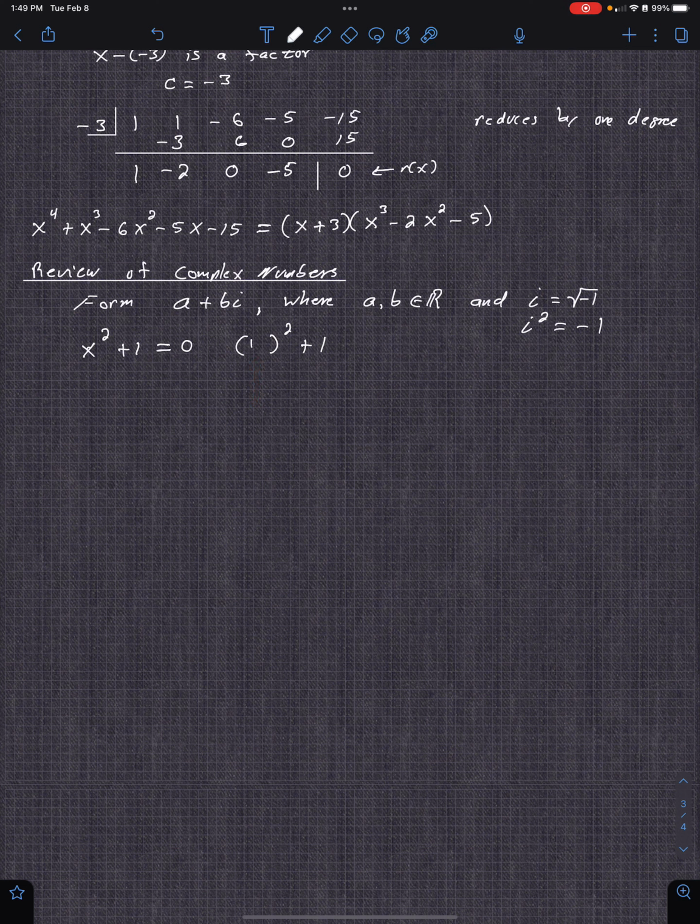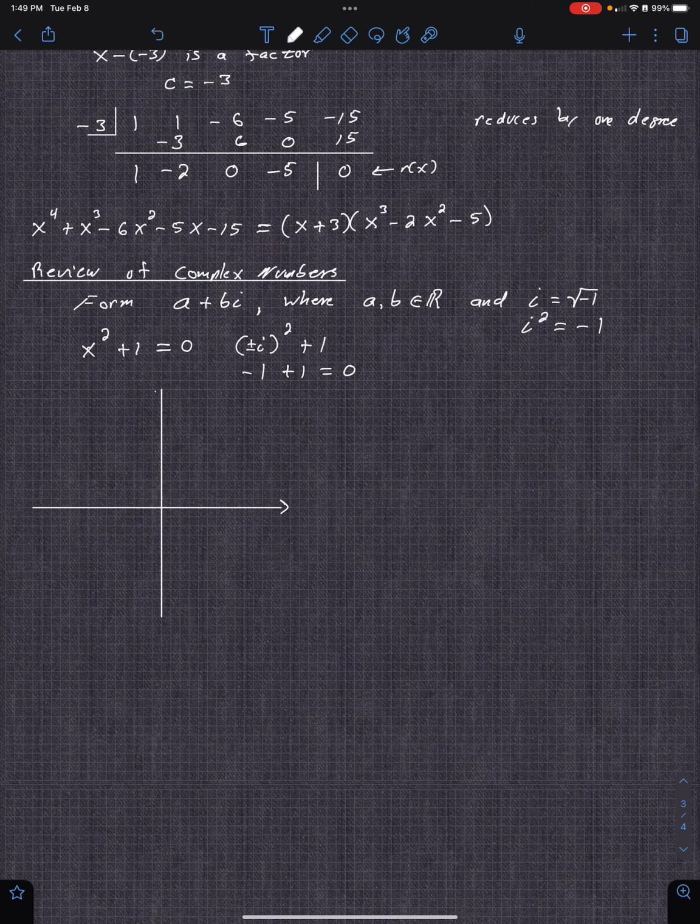So what you put in here is plus or minus i. Then i squared is negative, so you get negative 1 plus 1 is equal to 0. So that's where it came from. And it's a whole field of study that has many, many applications.